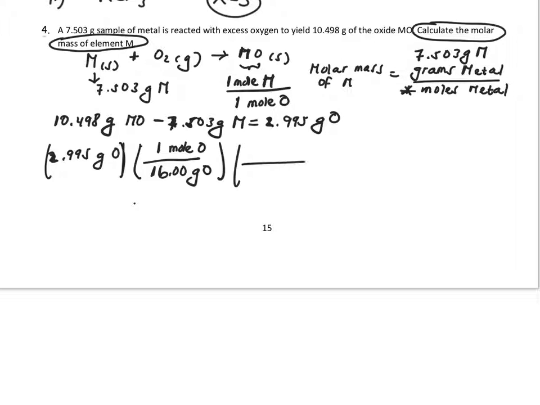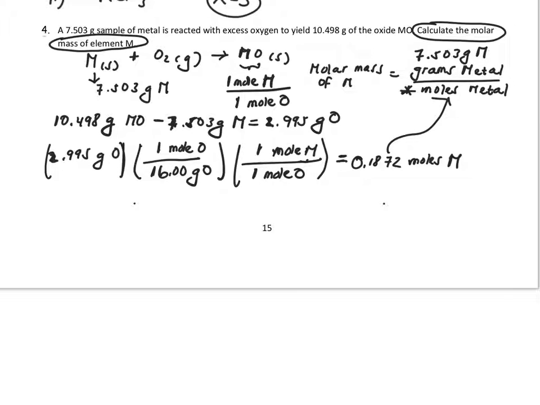And we know that for every 1 mole of O, we have 1 mole of M. And so what we have here is 0.1872 moles of M. And that's going to be the denominator.